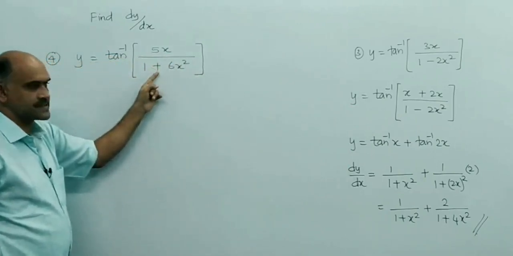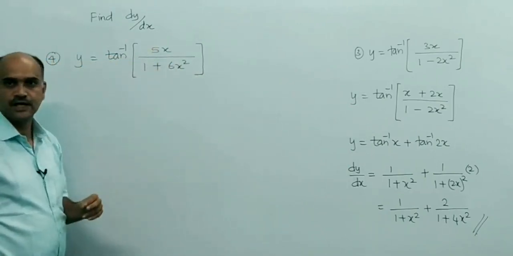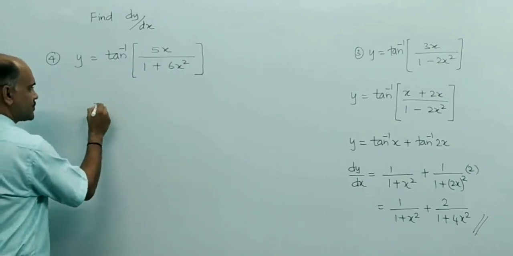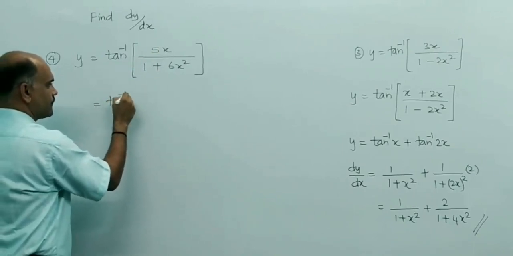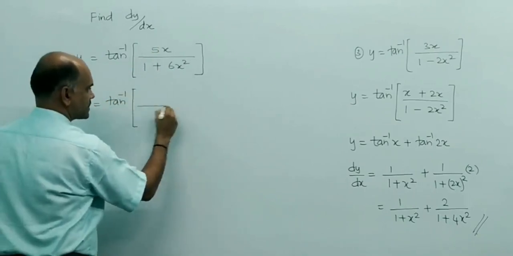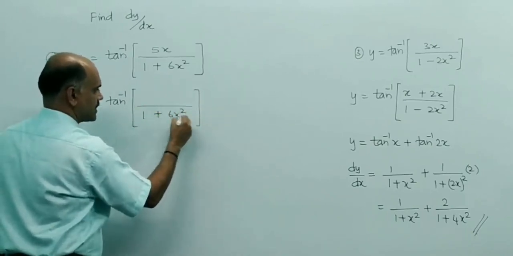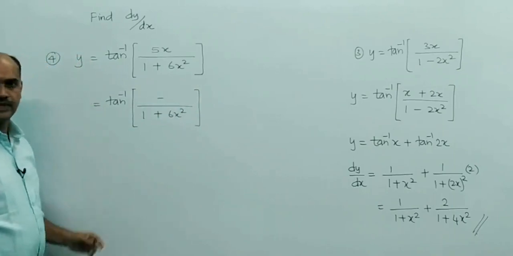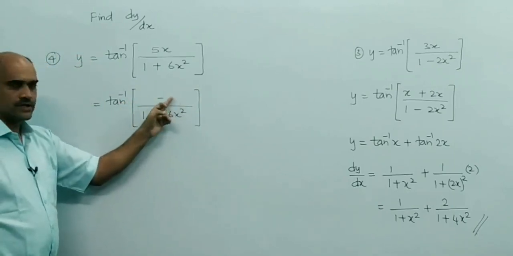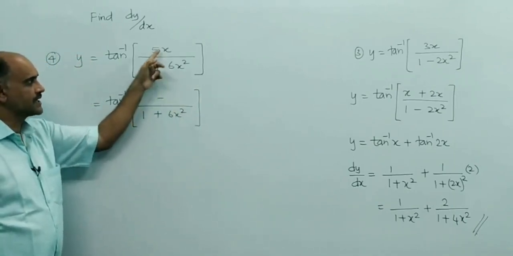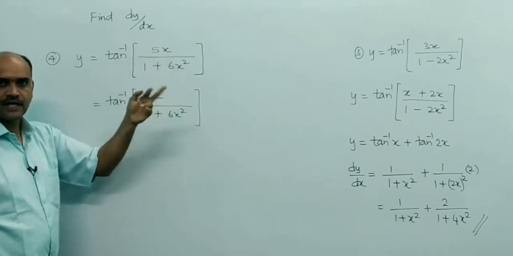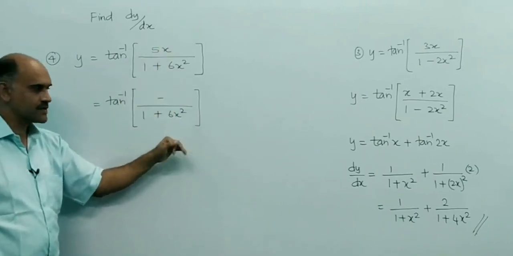Here plus is there, means in the numerator you should have minus. So tan inverse, here minus has to be there. This is as it is. Here I should get minus. So you should take two terms. If you subtract, you should get 5x, and if you multiply, you should get 6x square.